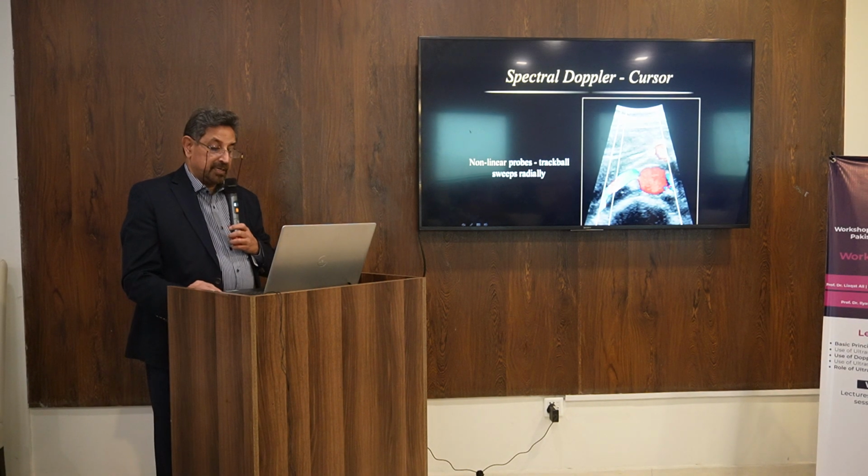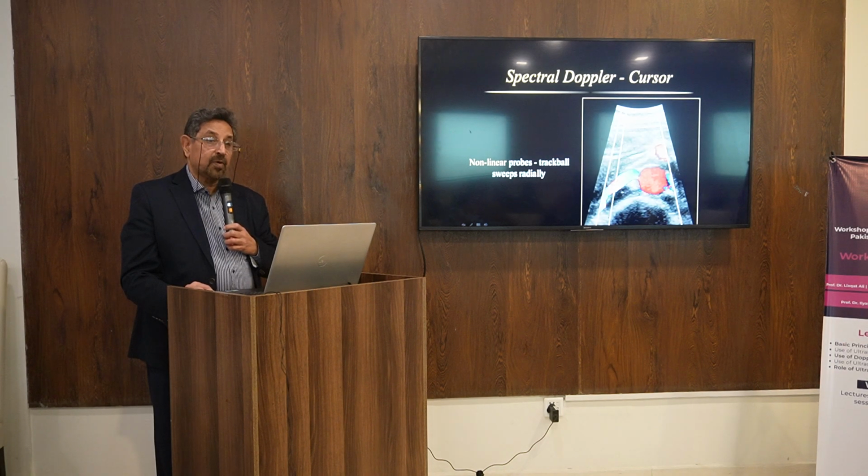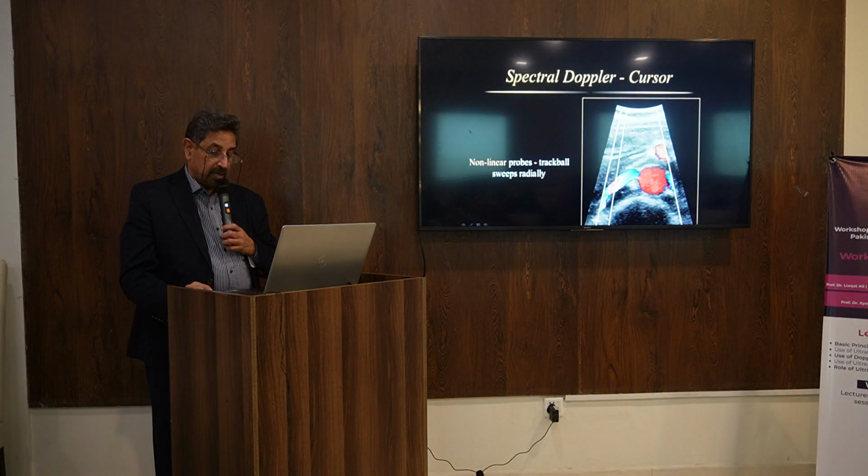If you have a curvilinear probe, then with the trackball, you see here, this angle line should be along the line of the flow. This angle is the angle between the line of the flow and the cursor line. The ultrasound beam is coming from here, and this is the angle. This is definitely less than 40, less than 50, I would say.